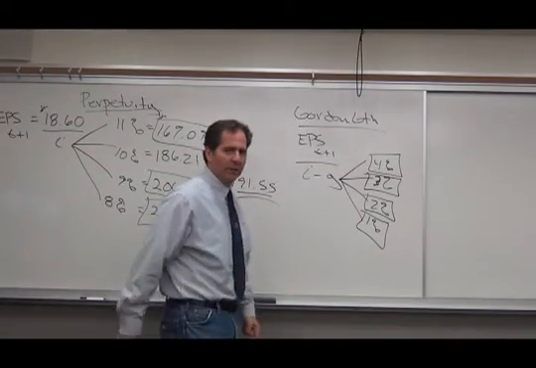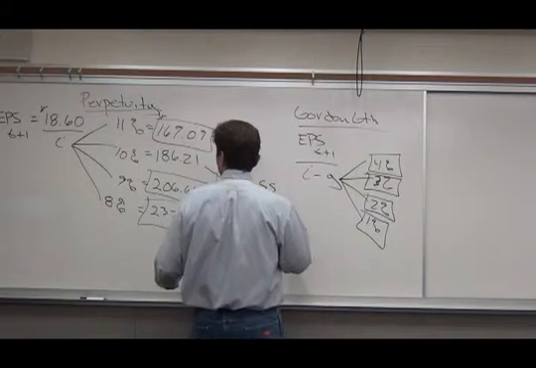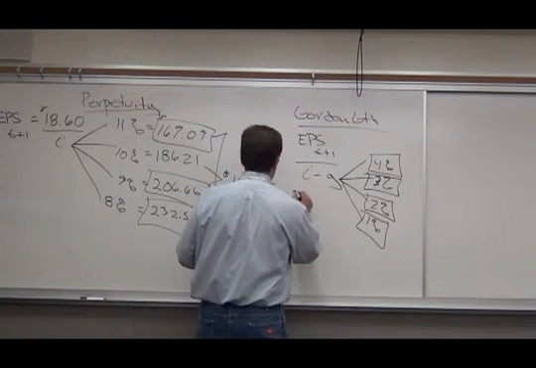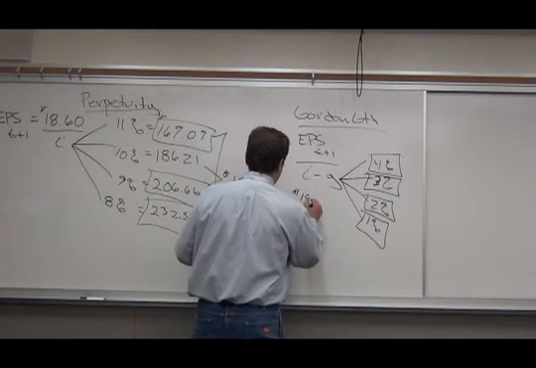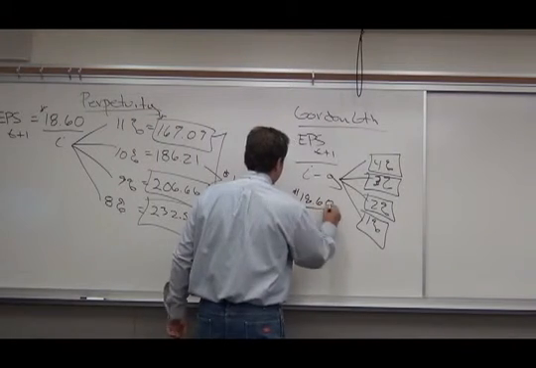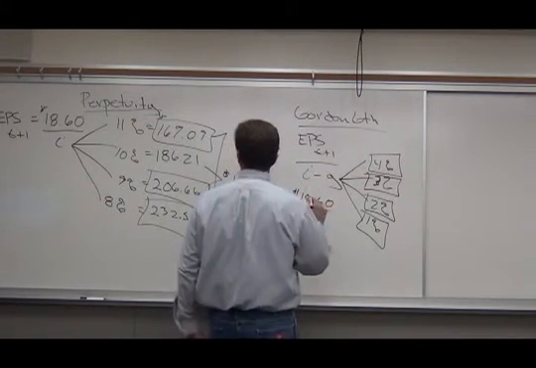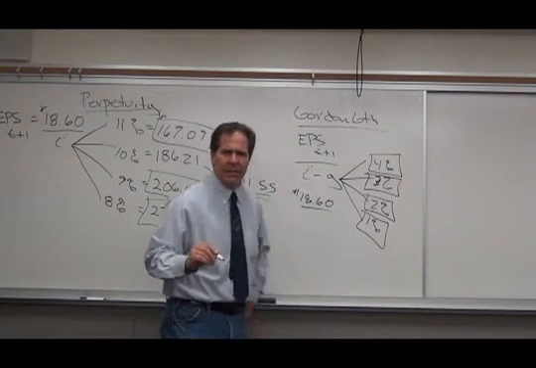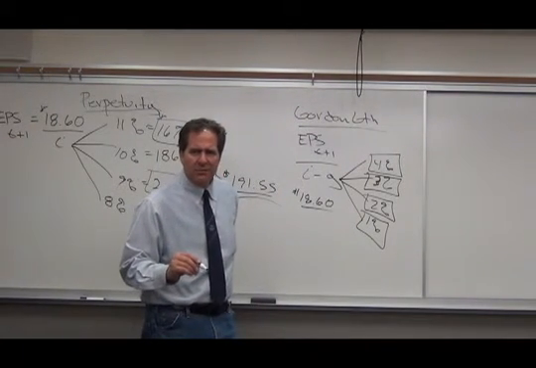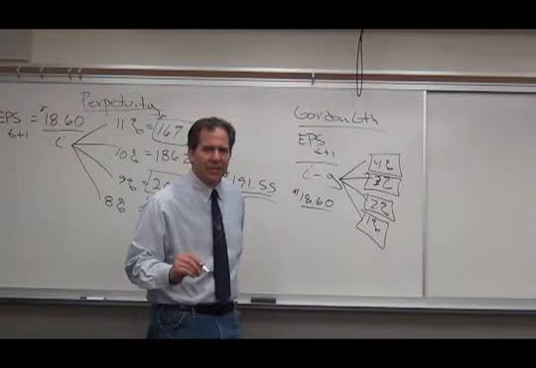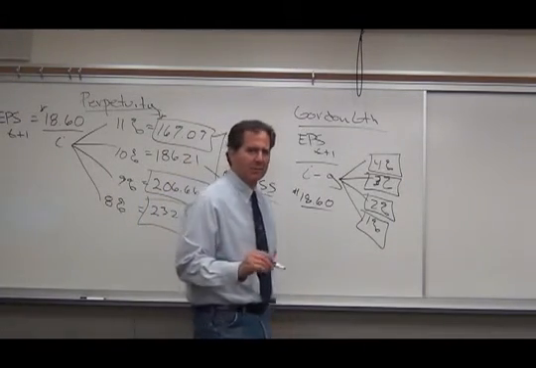So let's run one. We already know that the forward-looking EPS is 1860. And then what discount rate do you want to use? Does anybody know what their WACC is currently? Let's just use 9%.